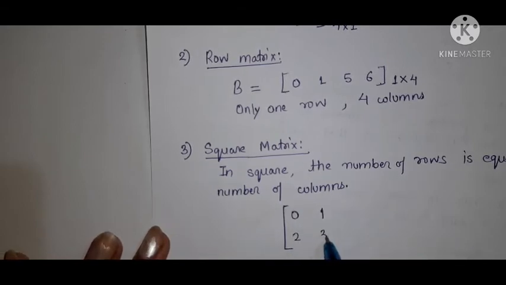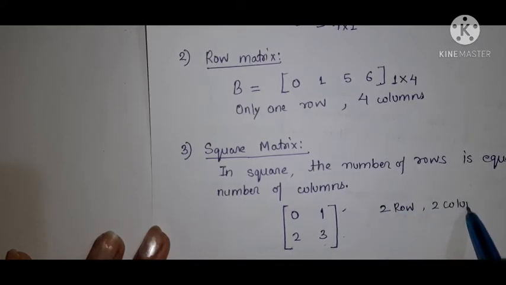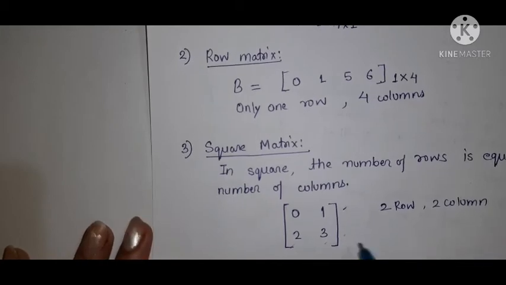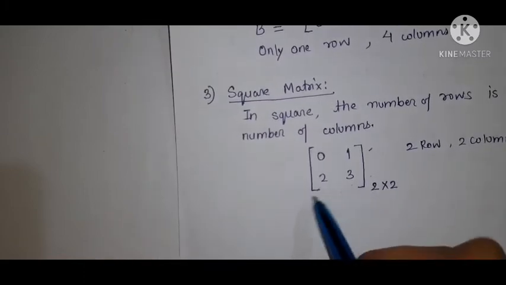0, 1, 2, 3. So how many rows? First row, second row, first column, second column. Means 2 rows and 2 columns. It is said to be a square matrix and order is 2 by 2. Remember one thing that is very important.